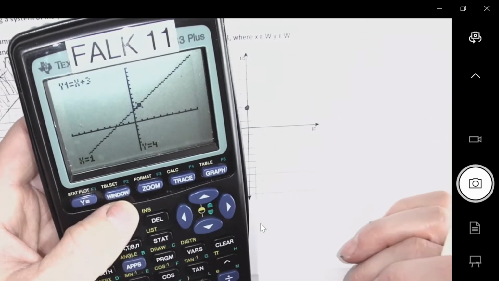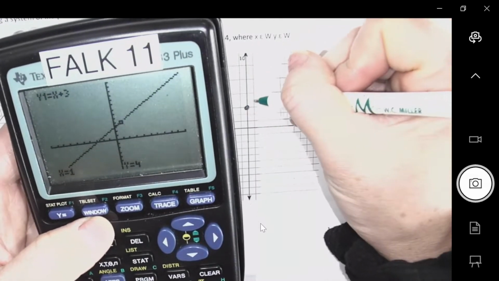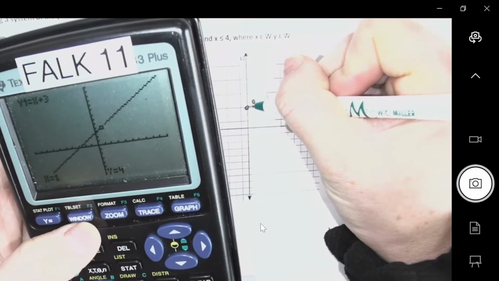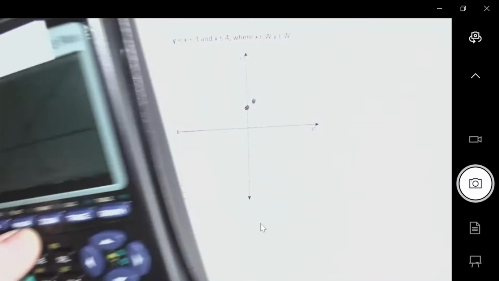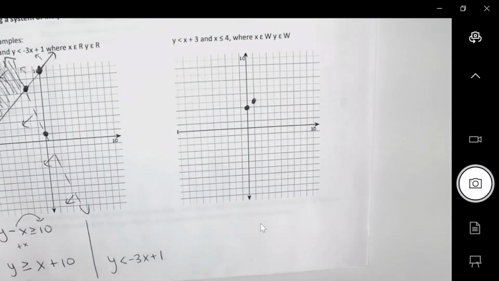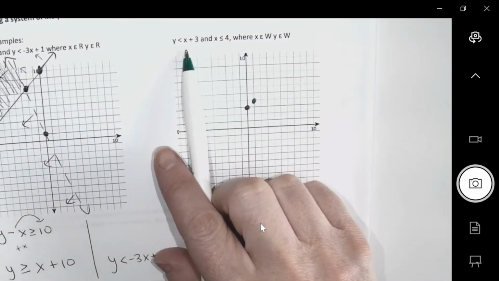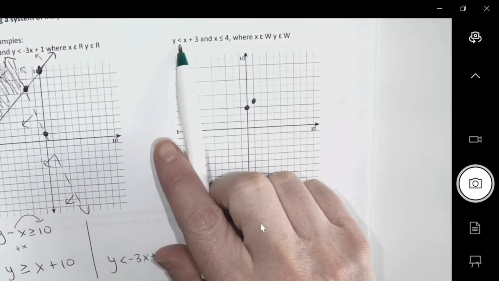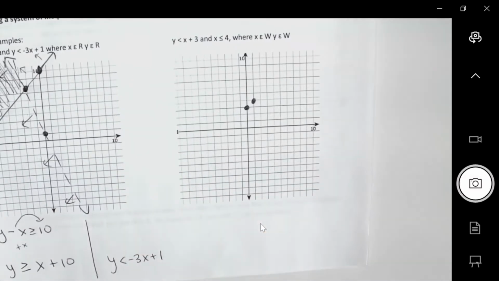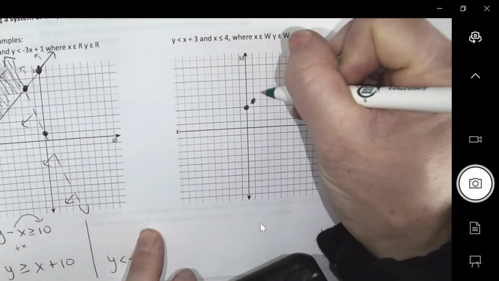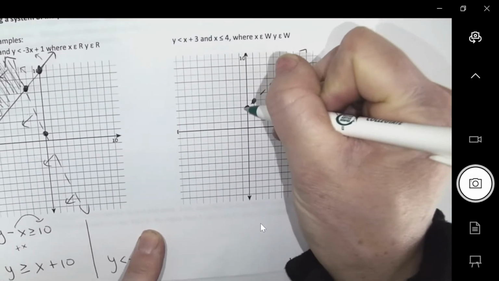If I trace 1, I get 4. So that's what's going on. What kind of line would this be? So this says less than. So do you want to be a solid or a dashed line? So dashed.